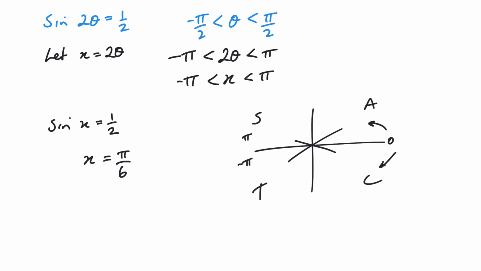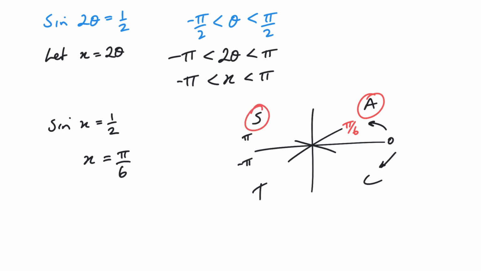Now, just the same as before, this time sine is positive. In this direction, sine would be negative, so we have no answers between 0 and negative pi. In the positive direction, we have an answer here, which is our pi by 6, the first one we found.